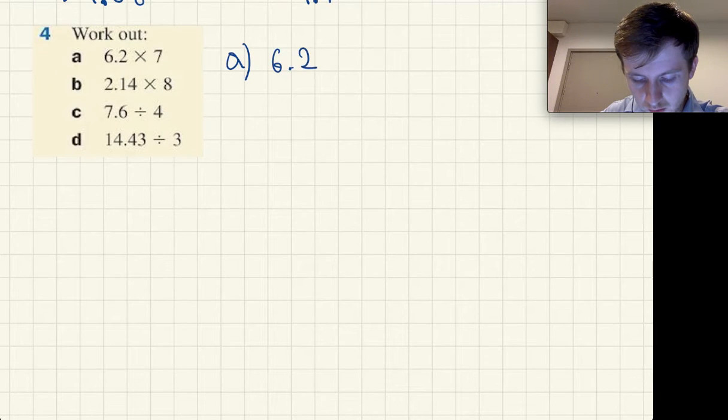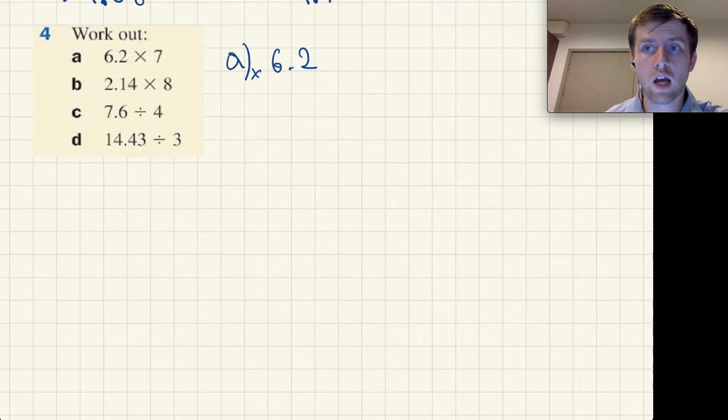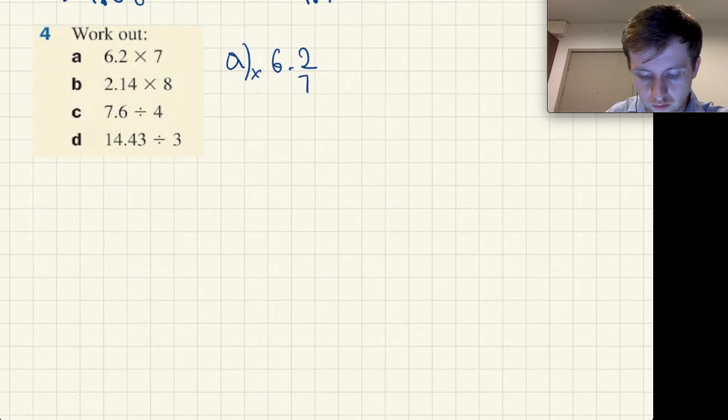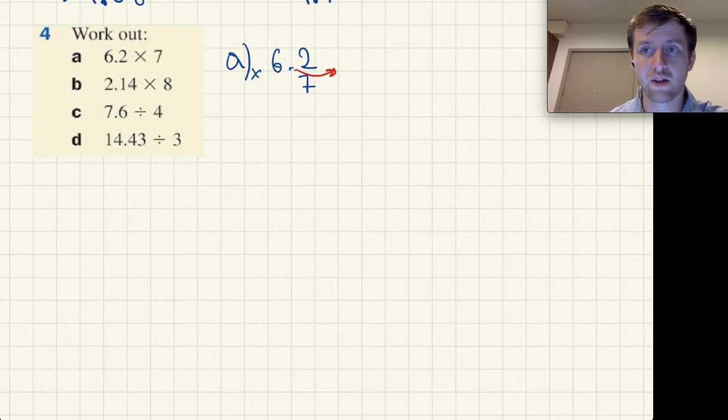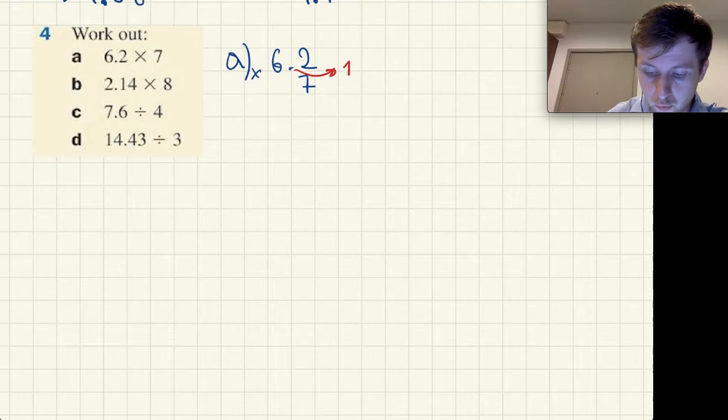6.2 times 7. So here we don't have to align it by the point. We can just write it like this. What we can do is take the point out, but we have to remember how many places were behind the point. In this case it's one place behind the point, and then we just do 62 times 7 like we would normally do.